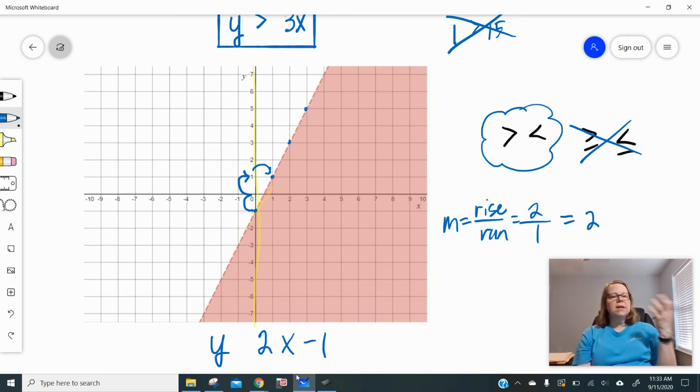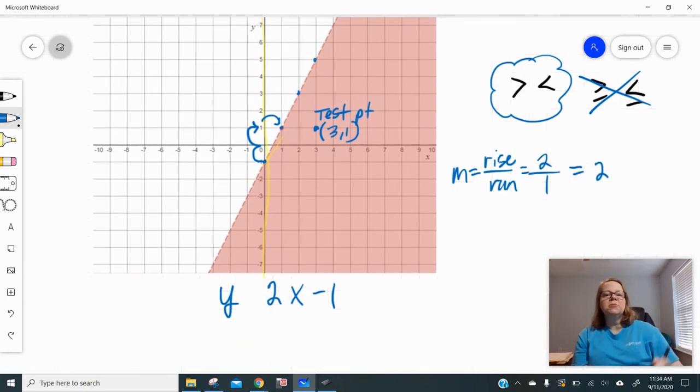All right, so we just said we're going to use something in the shaded area. So I'm going to pick something that's shaded this time. Oh, let's go with 3, 1. That's shaded. That's going to be my test point. 3, 1. Okay, so let's see. Let's slide this up just a tad.